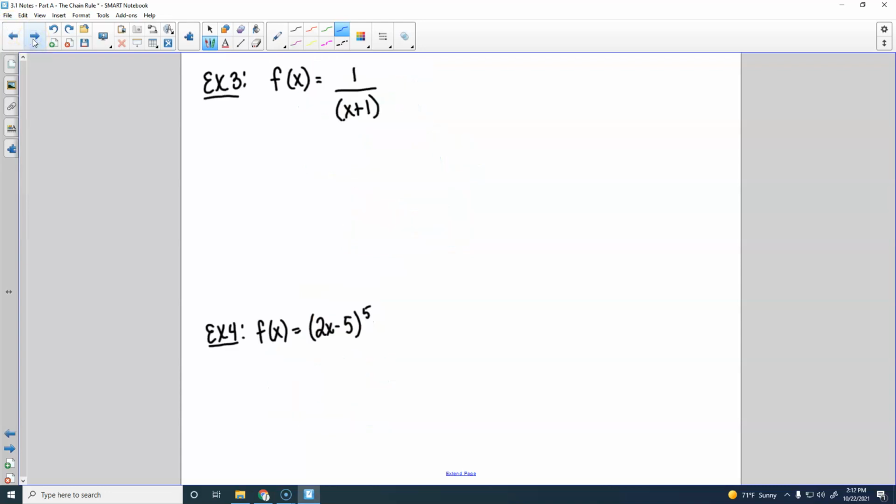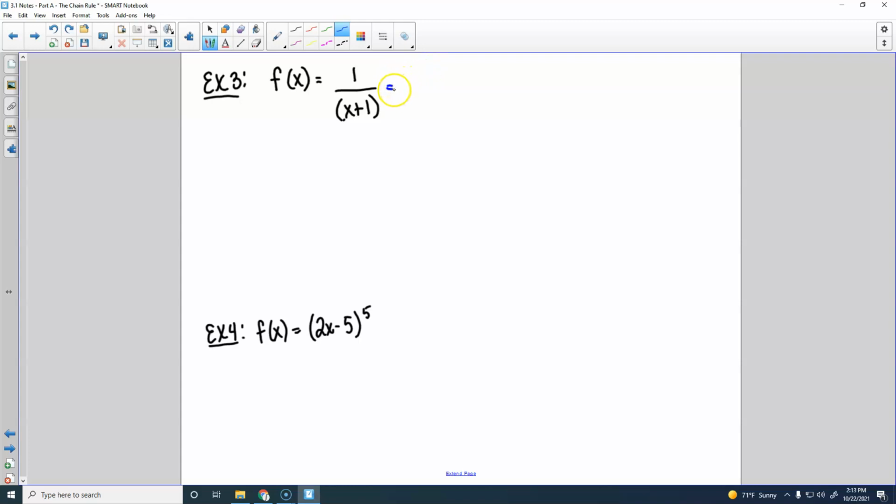All right. Here's our next one. Now, example 3 is not product rule, but it could be quotient rule. You can use quotient rule for this. I don't like to, because I like chain rule better.